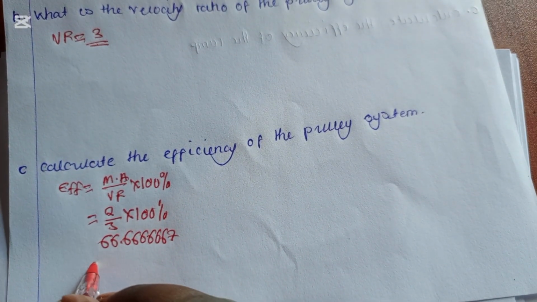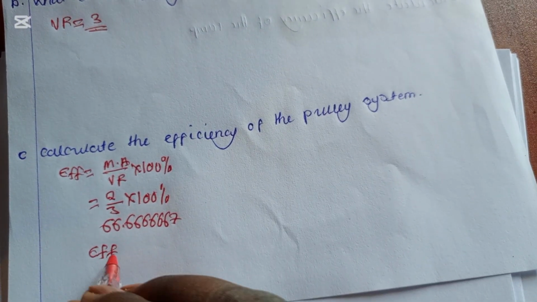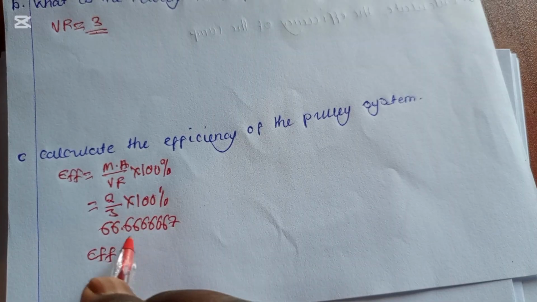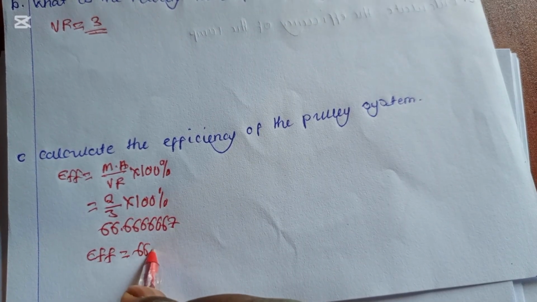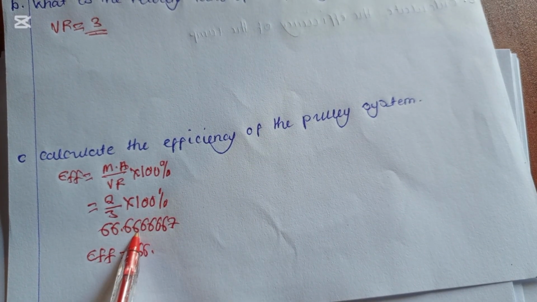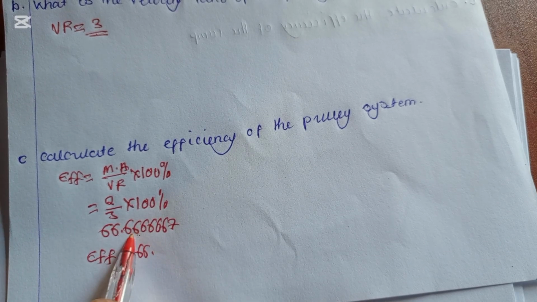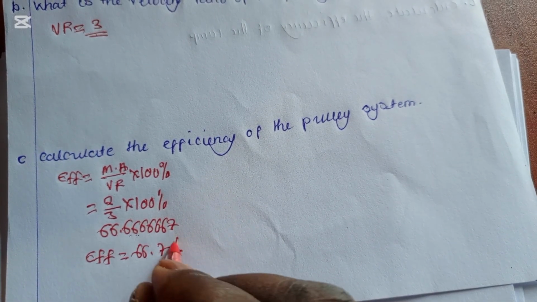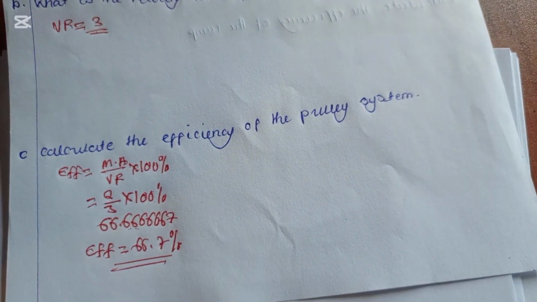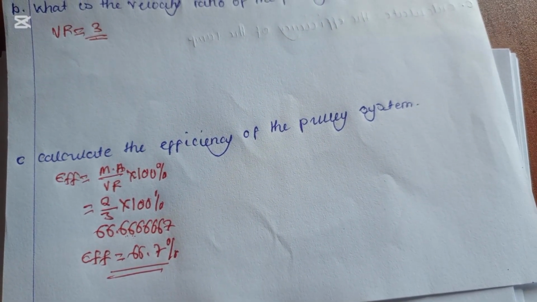So efficiency is equal to, so you round off this one. Since this number is above 5, we're going to add a 1 here, so to be 7%. So the answer is 66.7%.